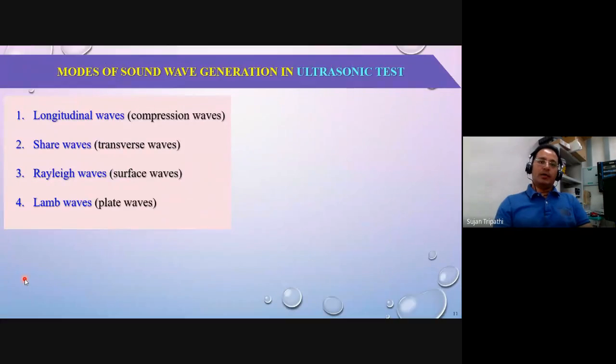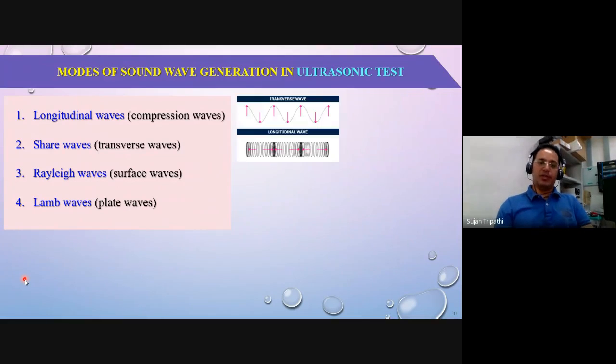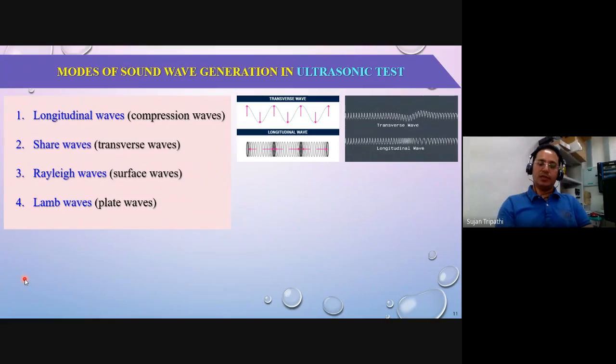Okay, basically we have four types of waves that can be generated by this device. They are longitudinal waves, which you can see in the figure, also called compression waves. And the next one is shear waves, also called transverse waves. I think all of you know about longitudinal waves and transverse waves.